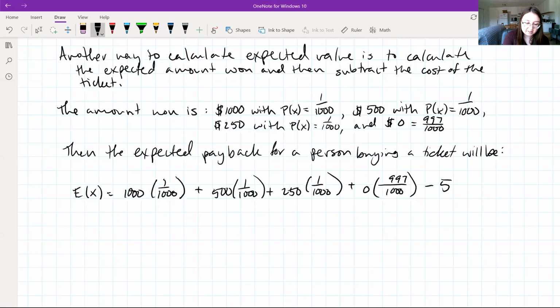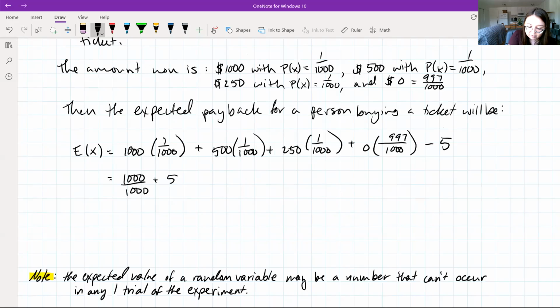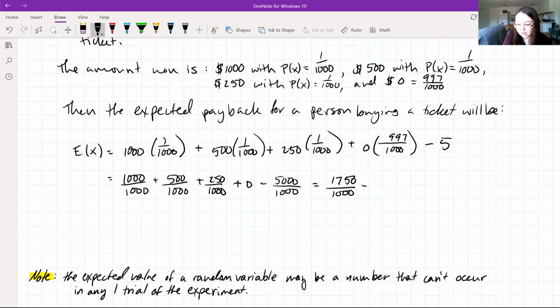Then when we actually calculate these values, we know this is going to be 1,000 divided by 1,000 plus 500 divided by 1,000 plus 250 divided by 1,000 plus 0, since we know that's just going to be 0, minus 5, which we know 5 is pretty much the same thing as saying 5,000 divided by 1,000. If we calculate this value, this is pretty much going to be 1,750 divided by 1,000 minus 5,000 divided by 1,000.